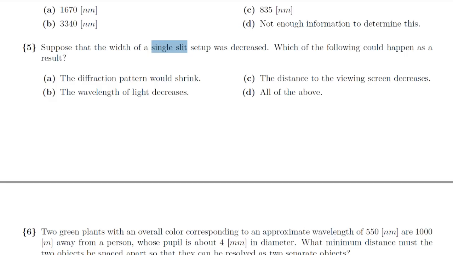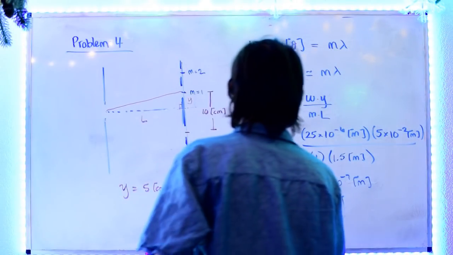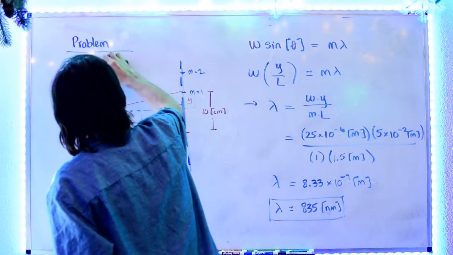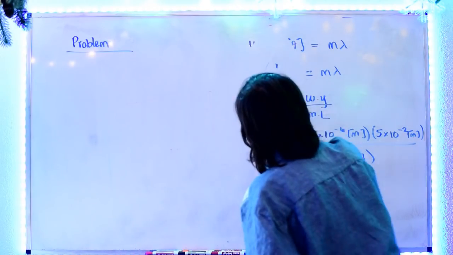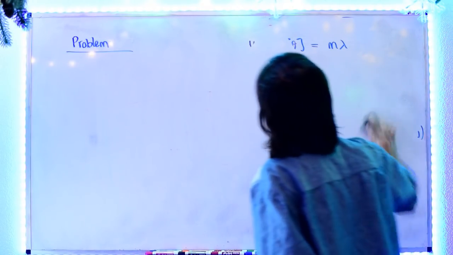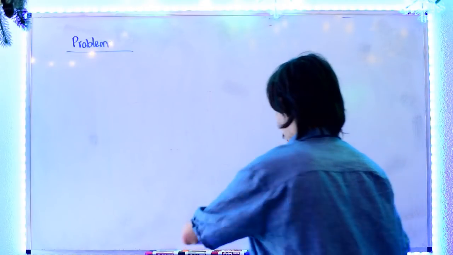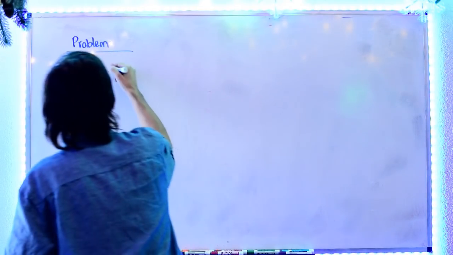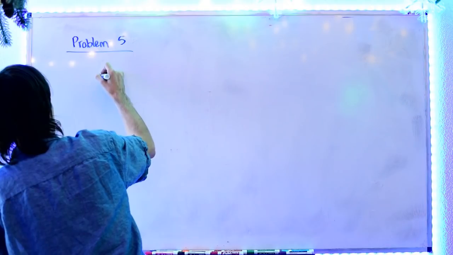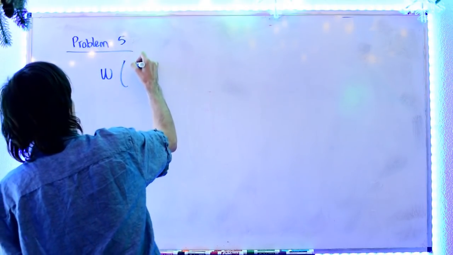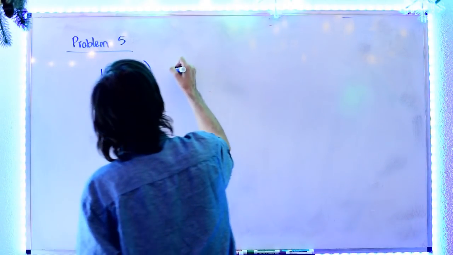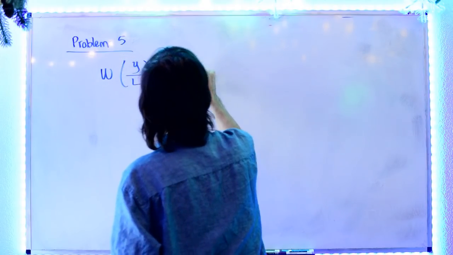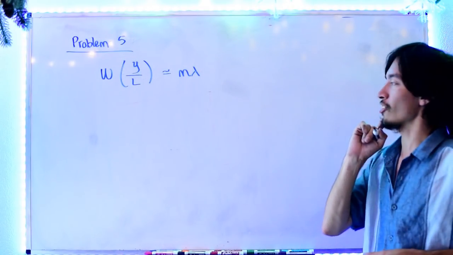Now, let me write that equation out here so we can see what we're looking at. Let me jump to what the approximation says, is that W times y over L is approximately m lambda after you make the small angle approximation.